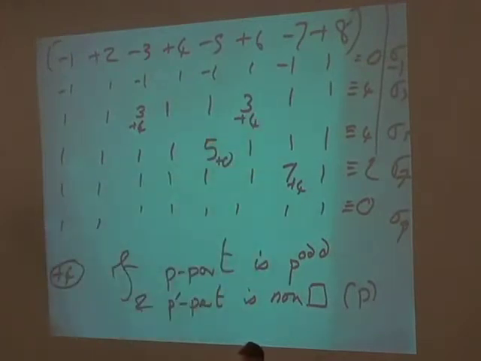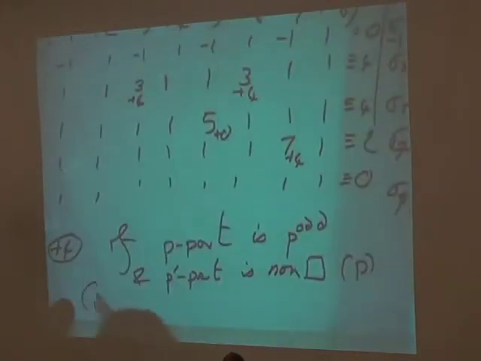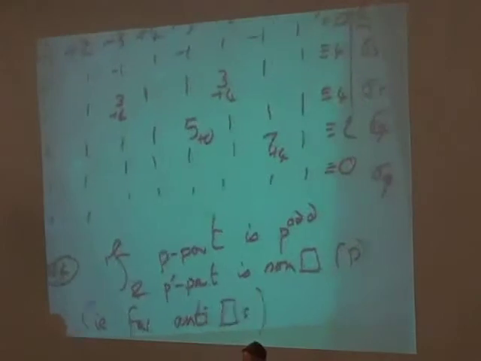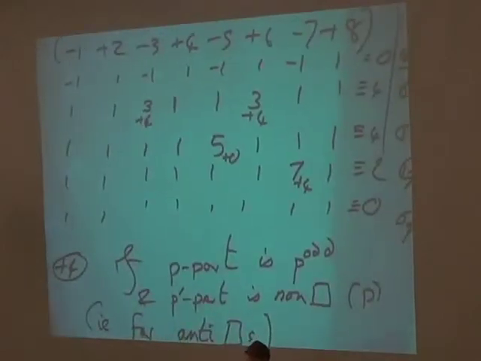So let me say I call this for anti-squares mod p. If the p part is p to the odd, then the p part isn't a square.